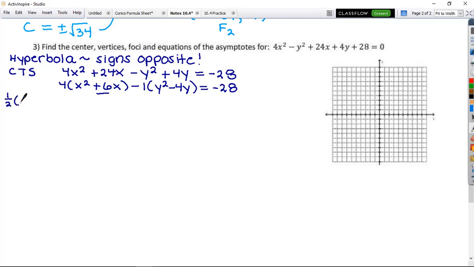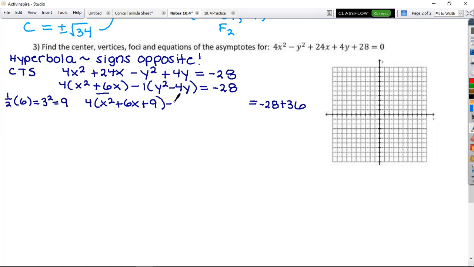So half of 6 is 3. 3 squared gives me 9. 9 gets added to the left. And then you got to multiply it by 4 to add it to the right. So I'm going to hop over here. And that gives me negative 28 plus 36. All right, do it again.